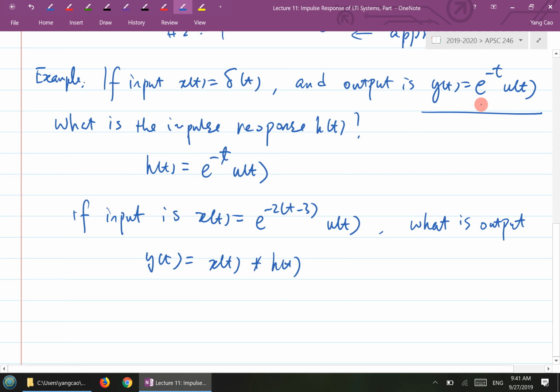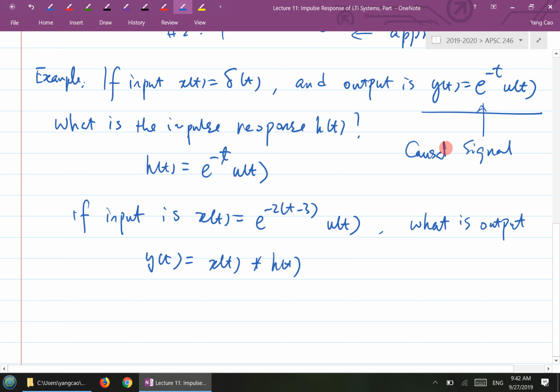When you have a function like this, the first part is a time function times u of t. So u of t is the unit step function. Anything times u of t will give you what kind of signal? A causal signal, right? Because the left side of the signal will be gone, only the right side is left. That's what times u of t would do. So this gives you a causal signal.